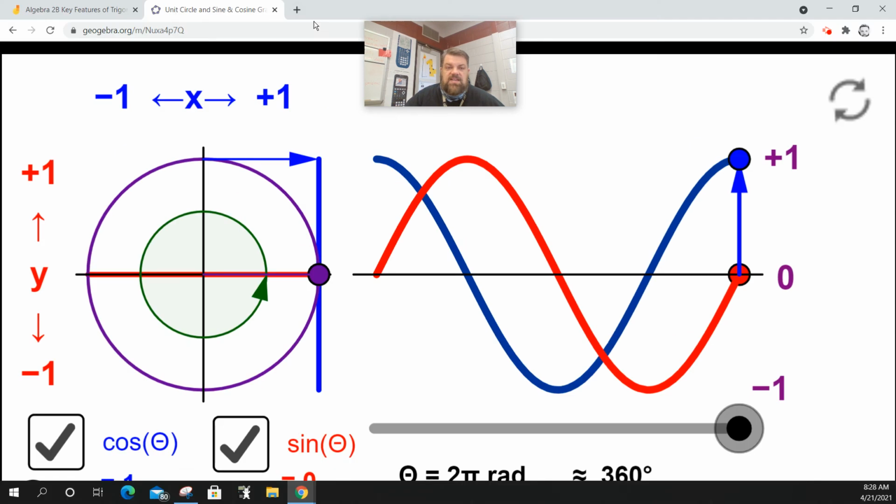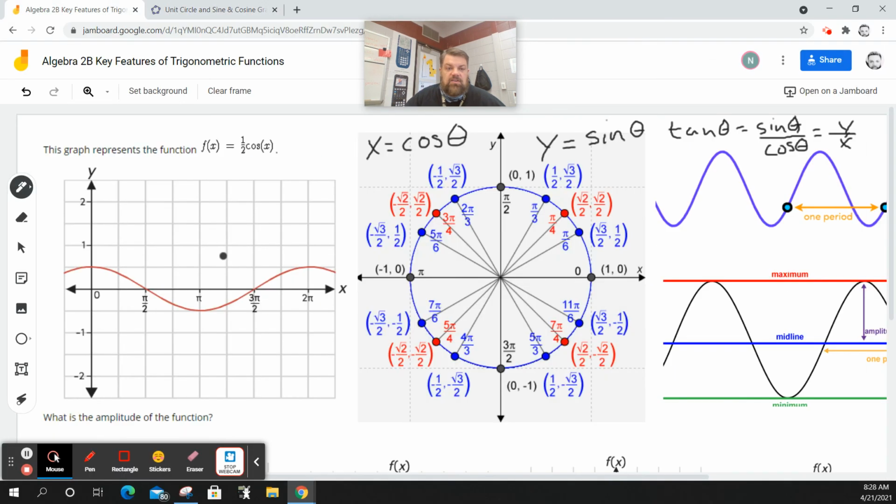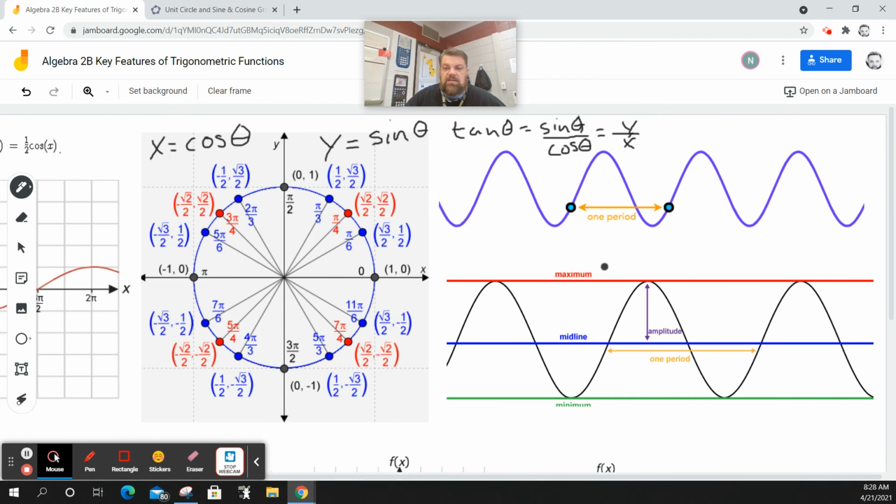So with that being said, if I look at this function, the period is going to be from here to here, one full cycle. The amplitude is the middle of the line, or what we call the midline, that goes up to the maximum value. Or it's symmetrical, so it'll go down to the minimum value.